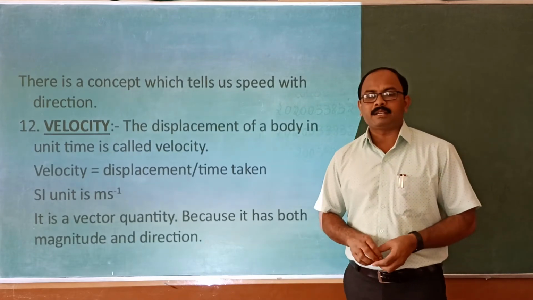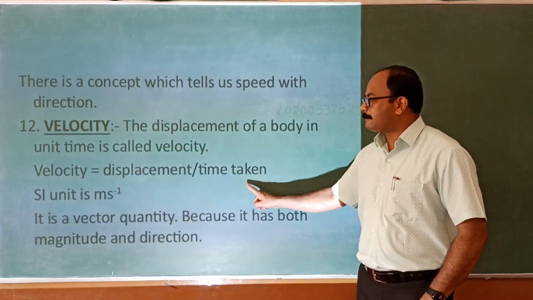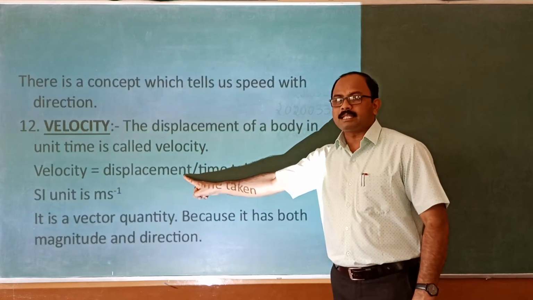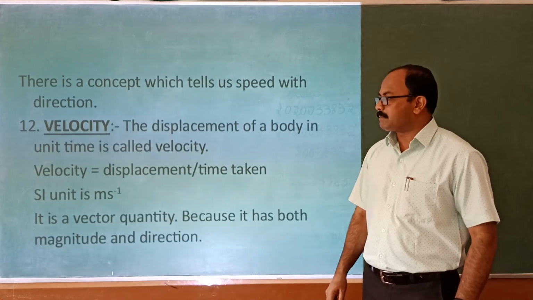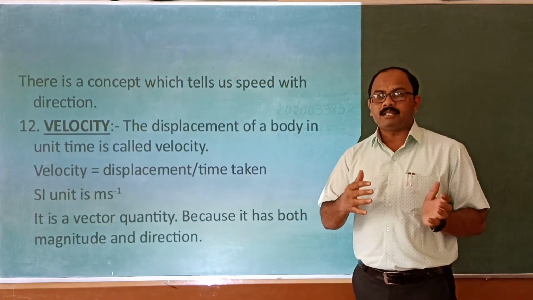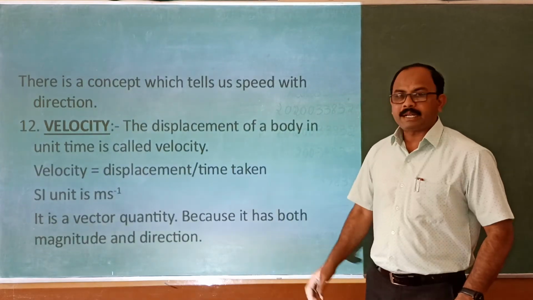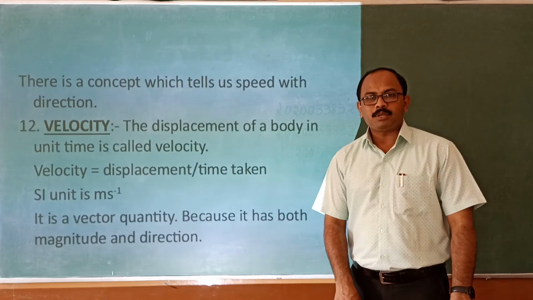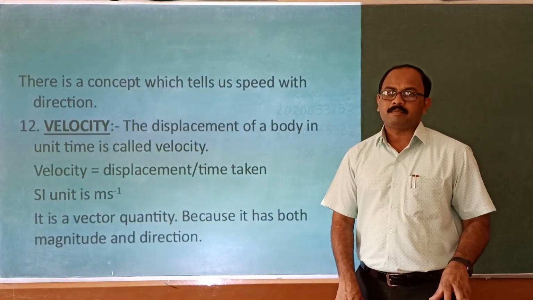Mathematically, velocity is equal to displacement by time taken. Displacement, regarding this, we have seen in a previous concept, children. The shortest distance between the initial point and the final point is known as displacement. It is a vector quantity, we say, because velocity has direction, children.